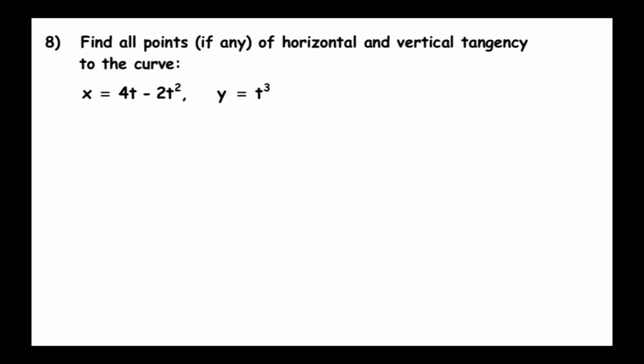Example 8 says find all points of horizontal and vertical tangency to the curve. And there may not be any. We'll start with the horizontal. Remember, for the horizontal tangent, dy/dt has to be 0. So let's see what dy/dt is. dy/dt, from my y equation, is going to be 3t squared.